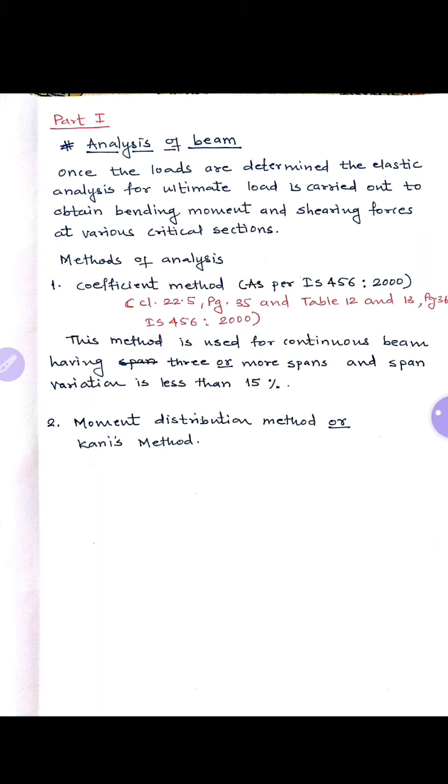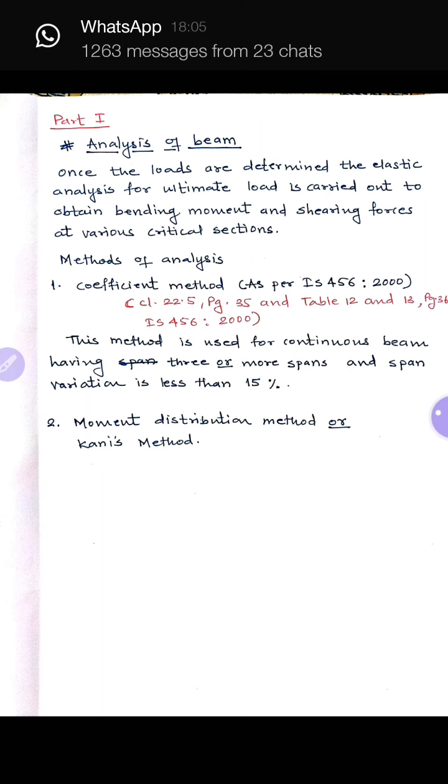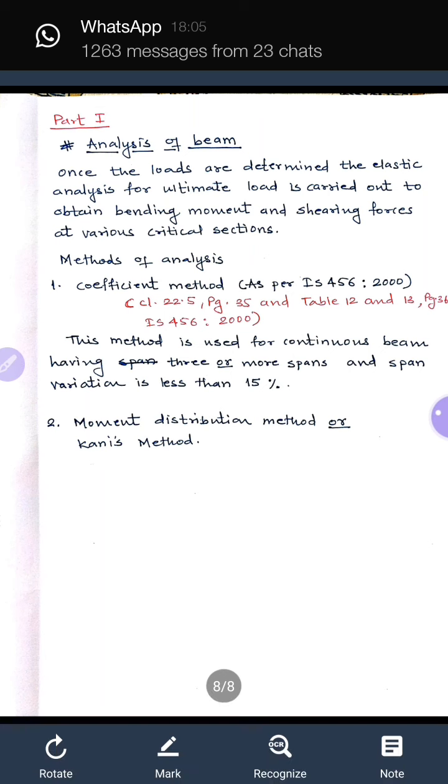This method is used for a continuous beam which has 3 or more spans and span variation is less than 15%.